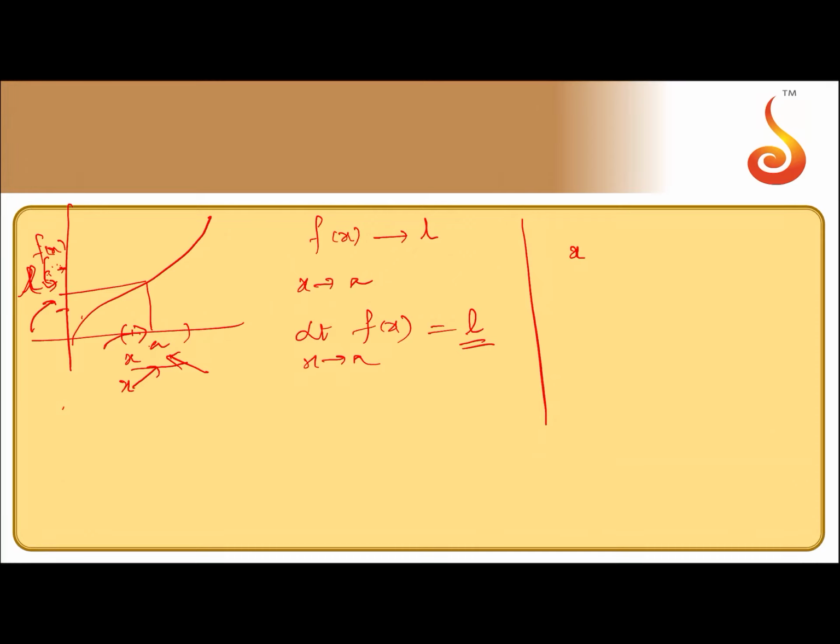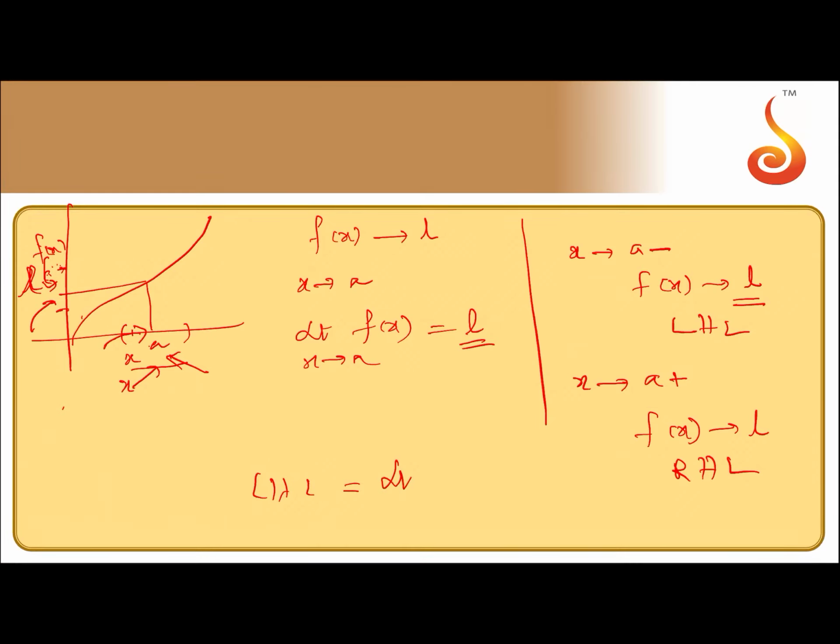Suppose when x is approaching a from the left side and f of x is approaching L, I say that limit is called left-handed limit. When x approaches a from the right side, and f of x is approaching L, then L is called right-handed limit.